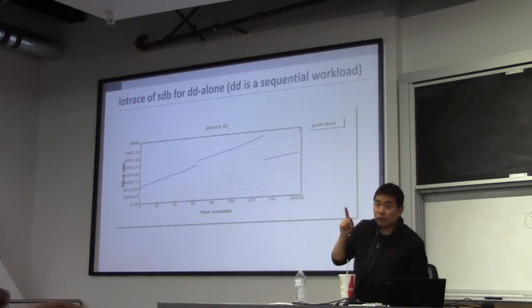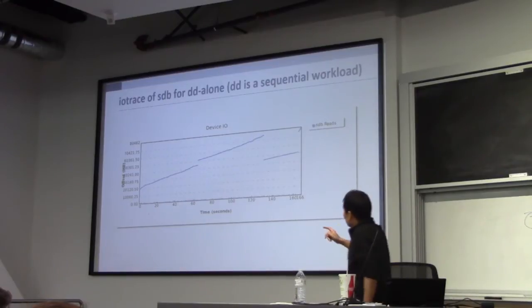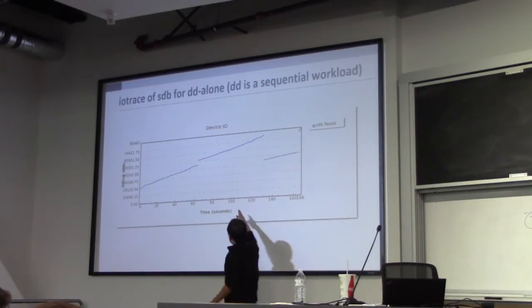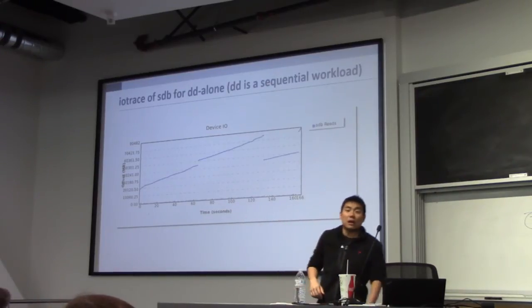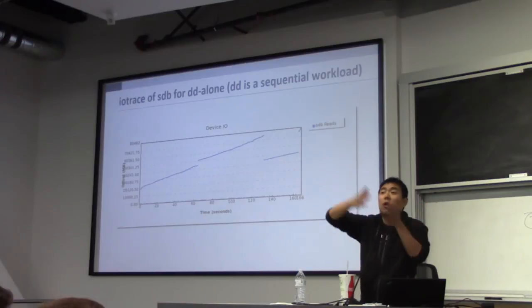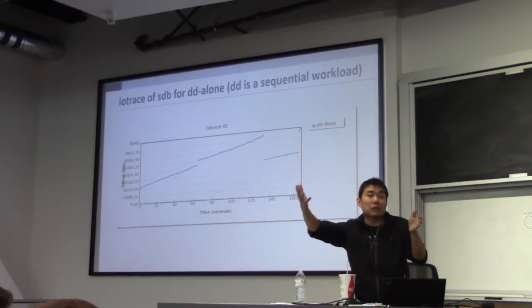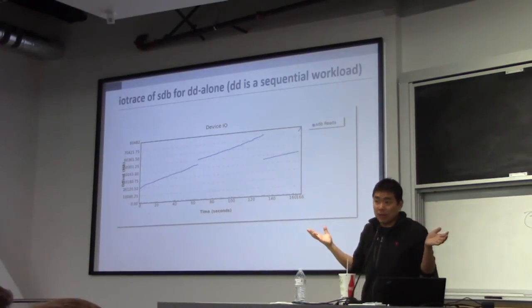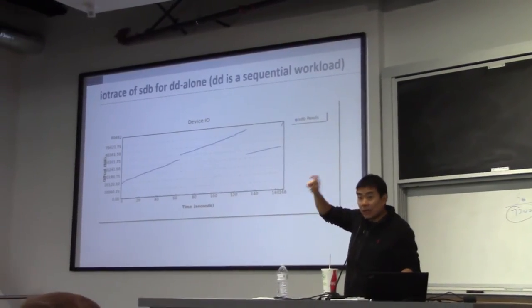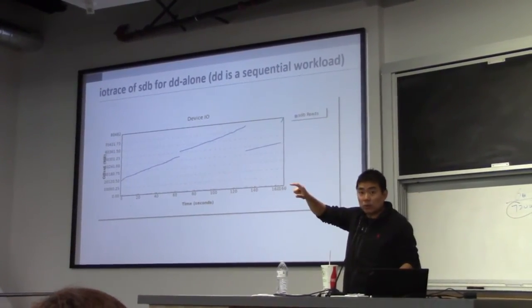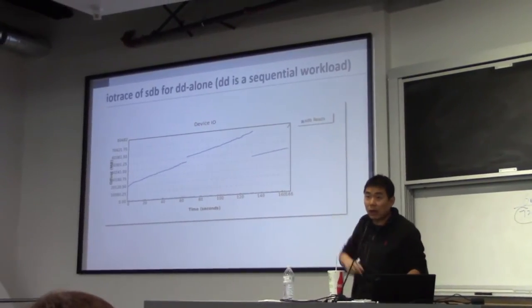What's interesting to note though is, for the same amount of time, let's say 100 seconds into this workload, in this case, I'm able to read almost 60,000 megabytes in terms of how far I'm reaching out. That tells me how much data I have read. Once you inject a random read workload to run concurrently with that sequential read, what happens?